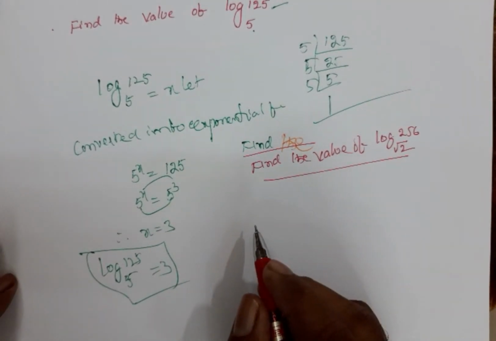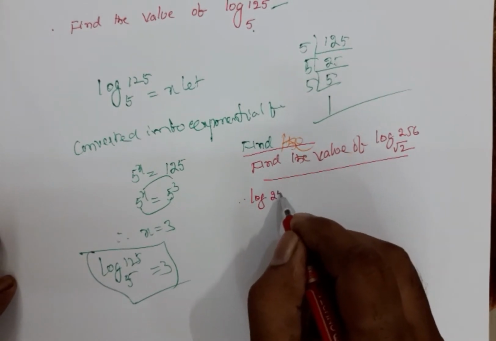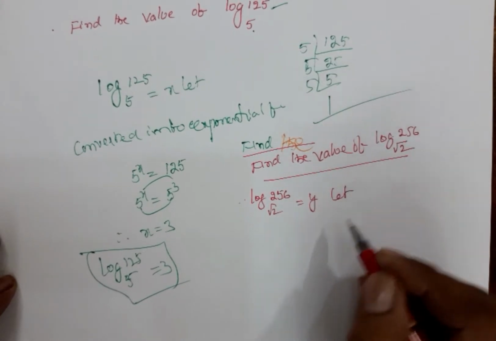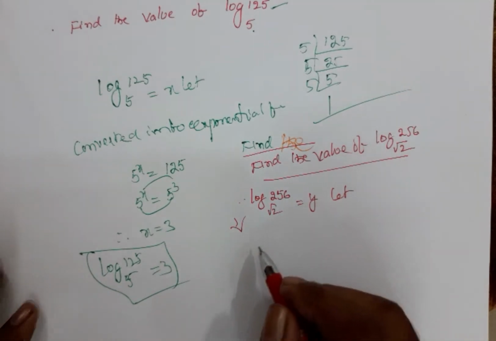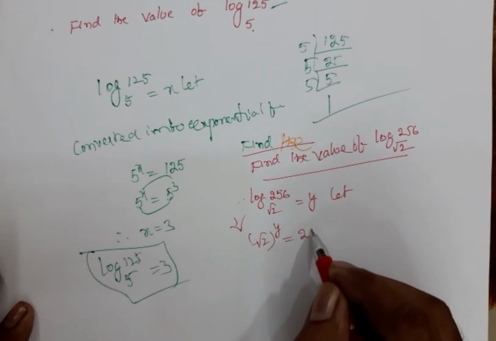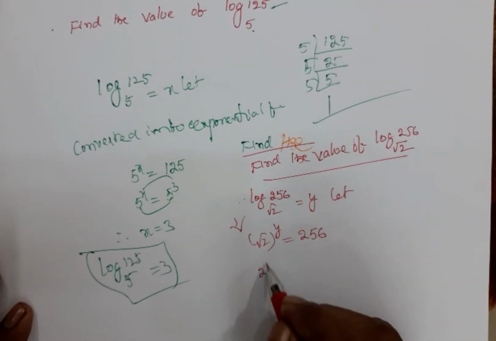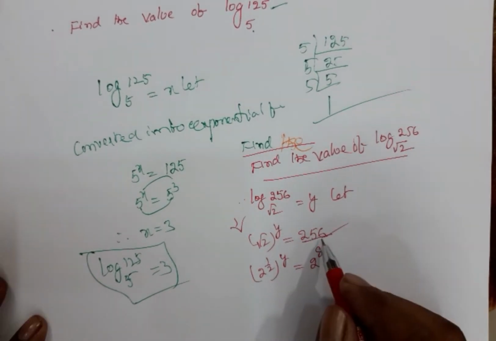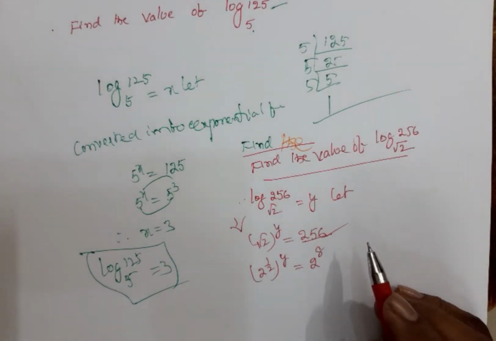Let log 256 base root 2 equal y. Converting from logarithm form to exponential form, root 2 whole to the power of y is equal to 256. Root 2 is nothing but 2 to the power of 1 by 2, whole to the power of y, is equal to 2 to the power of 8, as 256 is nothing but 2 to the power of 8.